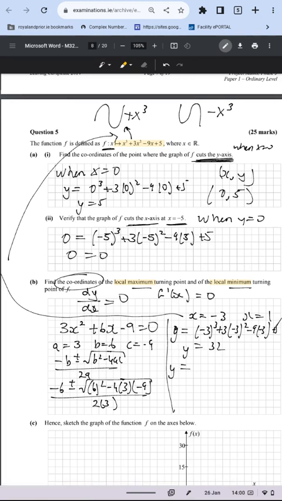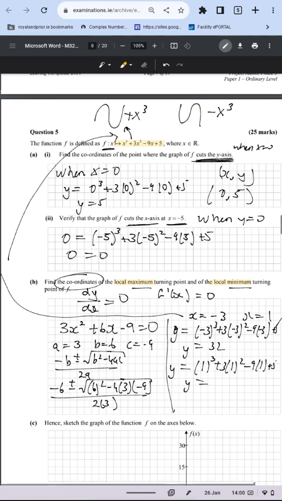And when you do it for the other one, an answer of 0. So your turning points are minus 3, 32, and 1, 0.